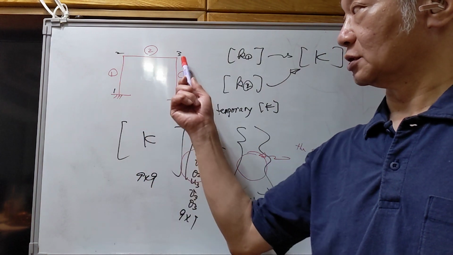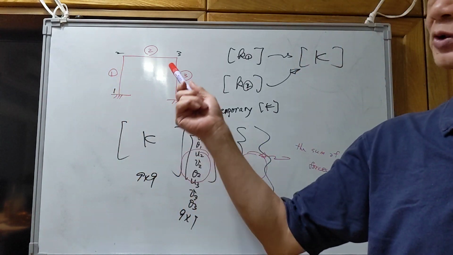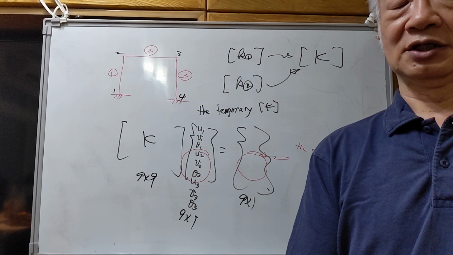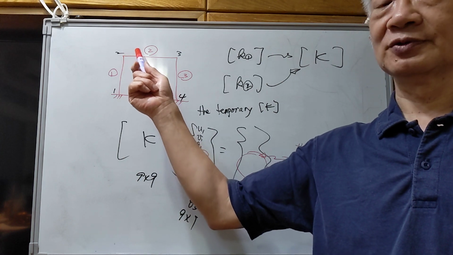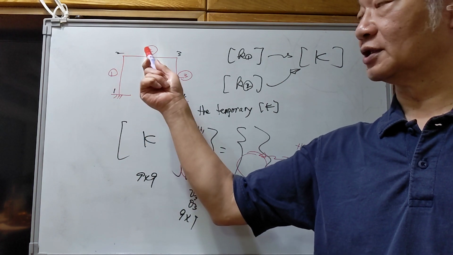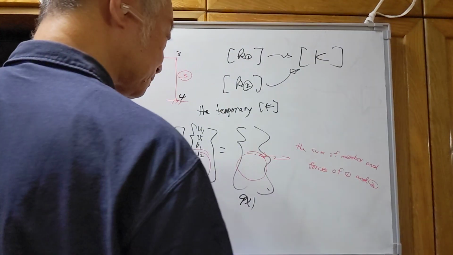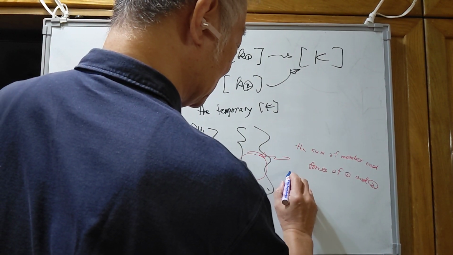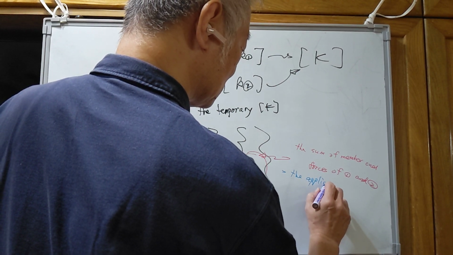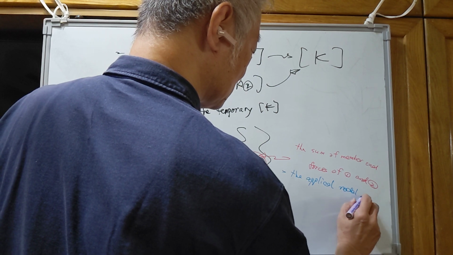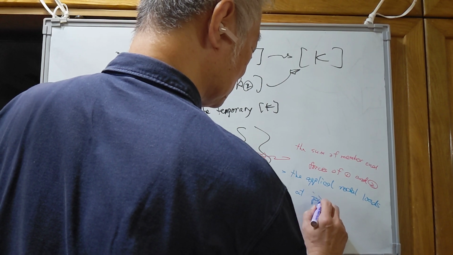And if we check the structure, at joint 2, there are only 2 elements connected. So if we have already summed up the member end force for member 1 and member 2, these two will be equal to the applied nodal load at joint 2.